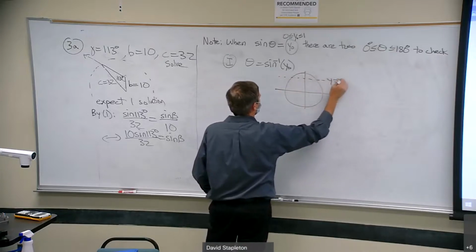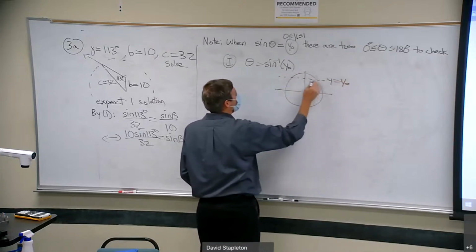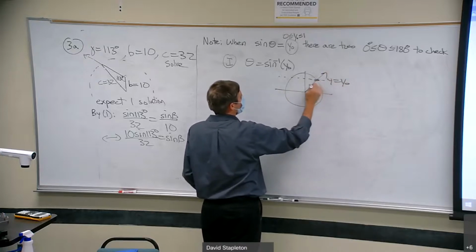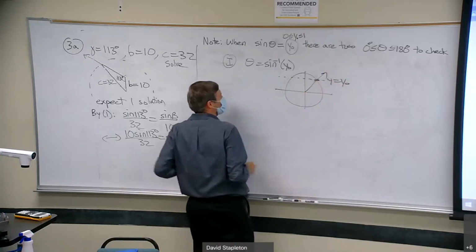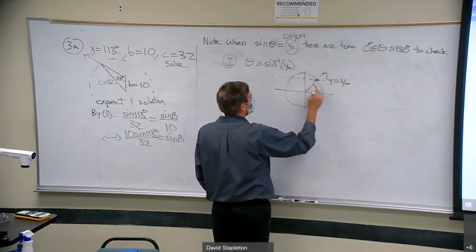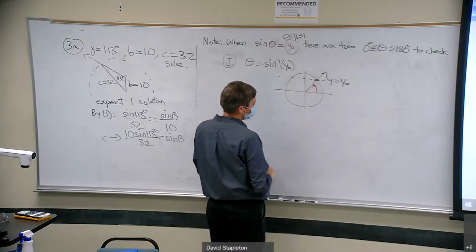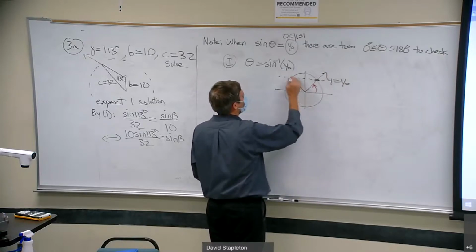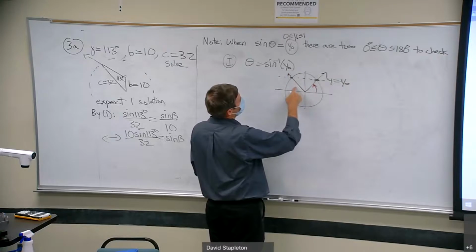Here's y equals y0. And if I take this angle right here, this is the arc sine, right? Coming up to it. But there's another place on the unit circle with the same sine, the same y-coordinate, right? It's right here.